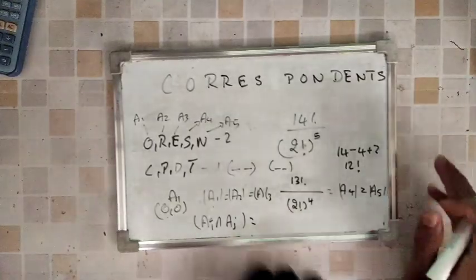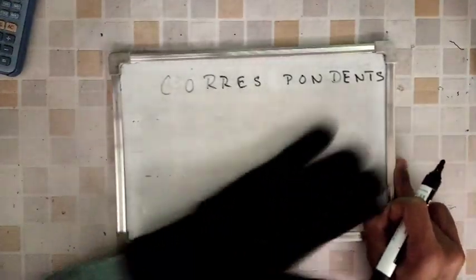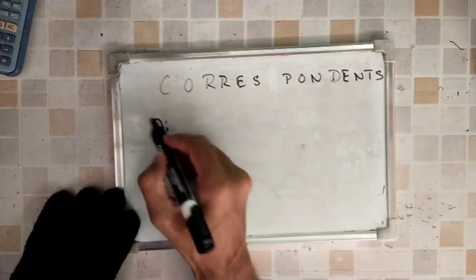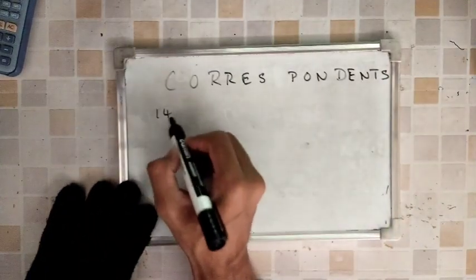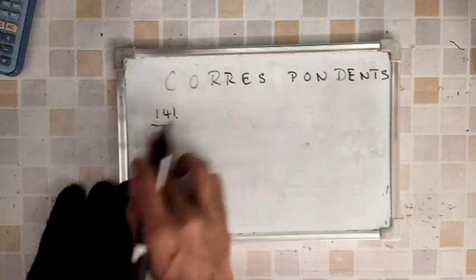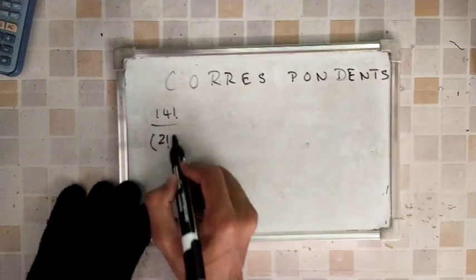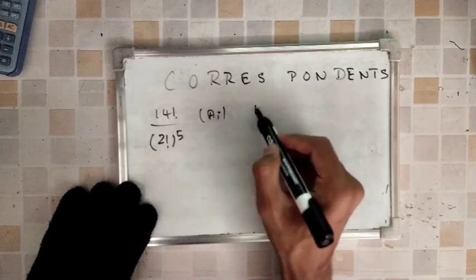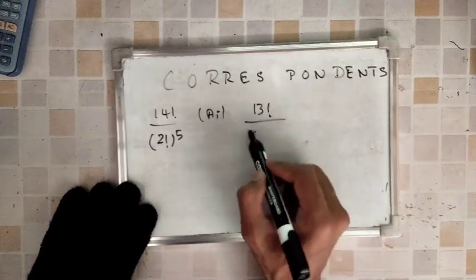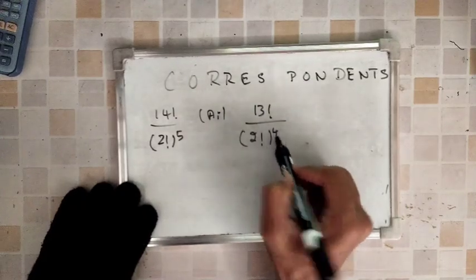Same, see now I had |Ai| equal to 30. So the first actual thing was 14 factorial divided by 2 factorial to the power of 5. Then if I consider Ai bar, then 1 is reducing, 13 factorial divided by 2 factorial to the power of 4.